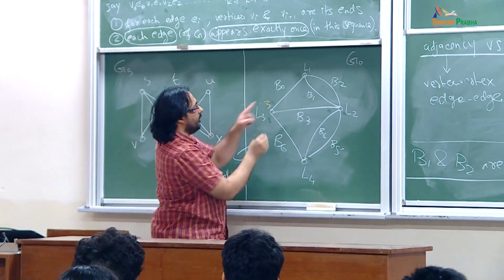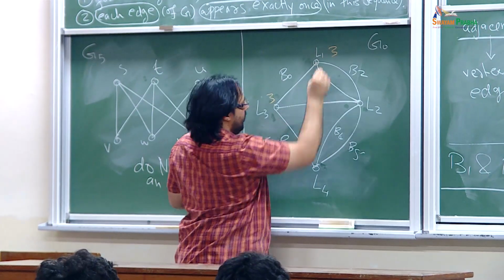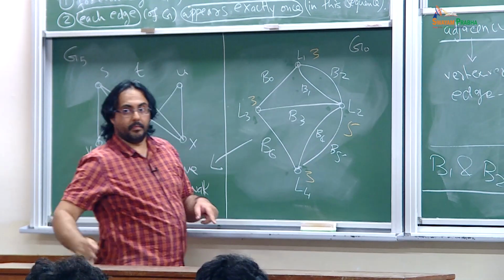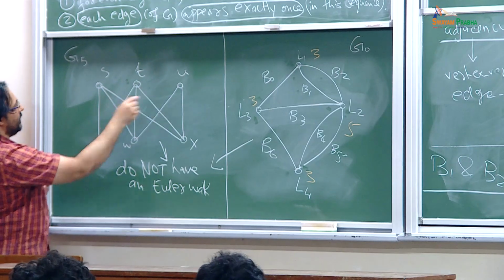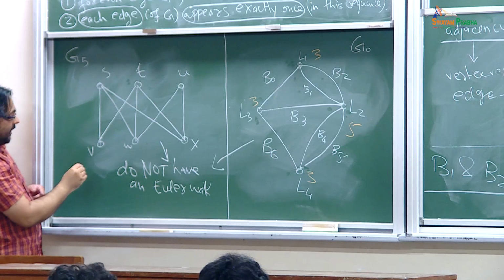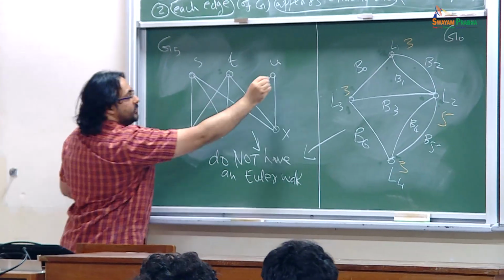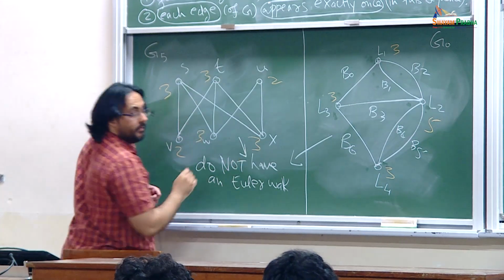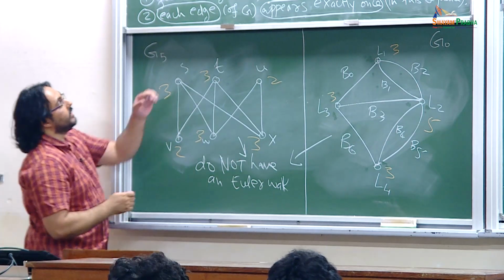For instance, let's write down the degrees of the vertices for these graphs that we have drawn. 3, 3, okay. What about here? Most of them are 3. Are there any of degree 2? U is 2, V is 2, everybody else is 3. Alright.